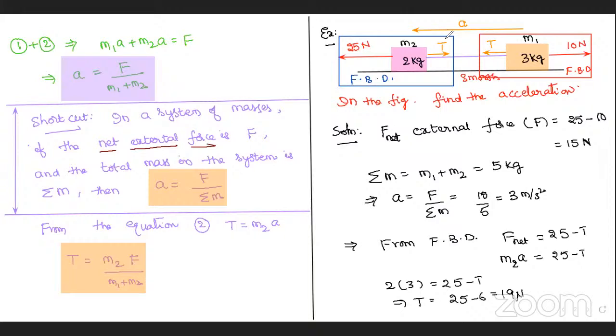Very good. Why? Because it is moving backwards, I mean, say leftwards. T minus 10, that's why I'm not deriving, just showing that. T minus 10 is equal to F net. F net is equal to M into A. Mass is M1, M1 is 3. 3 into acceleration 3 is 9. So T is equal to 10 plus 9.